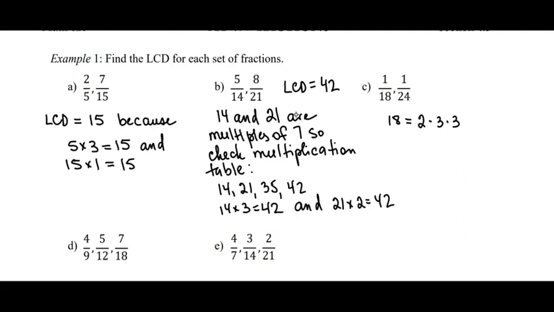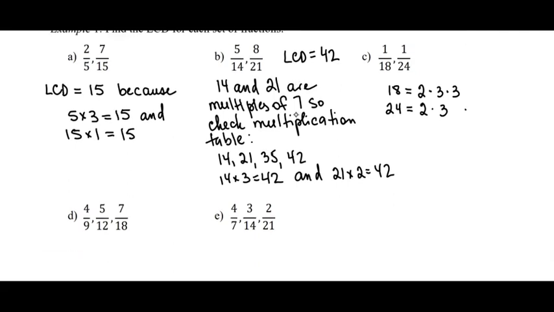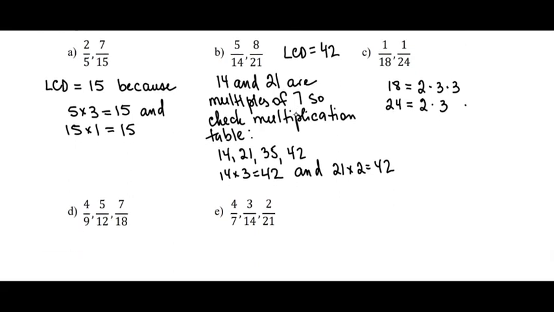So 2 times 3 times 3 is your 18. 24 is 2 times 12, and 12 is 3 times 4. And then 4 is also 2 times 2. So 24 is 2 times 12, 12 is 3 times 4, and 4 is 2 times 2. So I have my prime factorizations for 18 and 24.